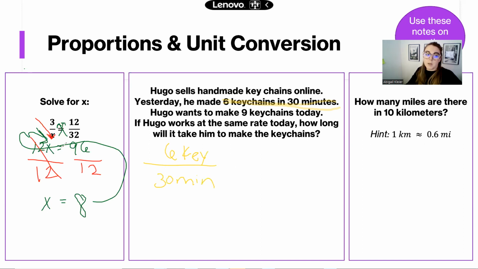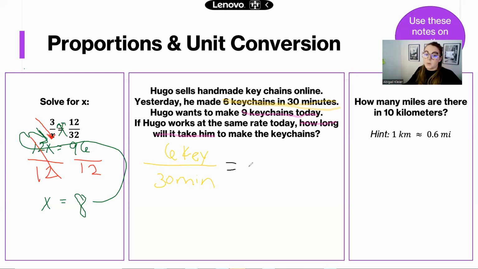That's my first part of my proportion. Now let's see what I'm comparing that to. Then it says Hugo wants to make 9 keychains today. If he works at the same rate, how long will it take him? So we're solving for time.